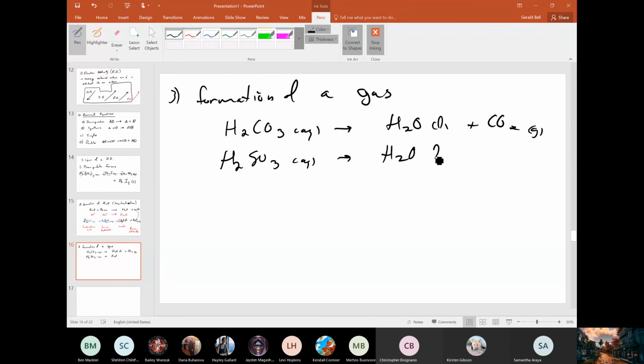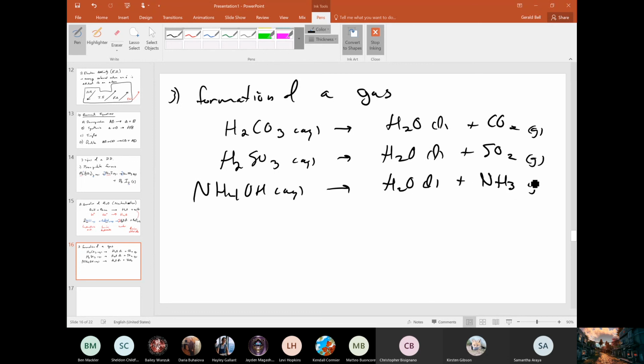So it's kind of like the same thing, SO2. And then another classic one was NH4OH. Anyway, they all make water, and they all make whatever else is left over. So it's a decomposition reaction. So we have to keep our eyes peeled for these things forming when we put the two things together.